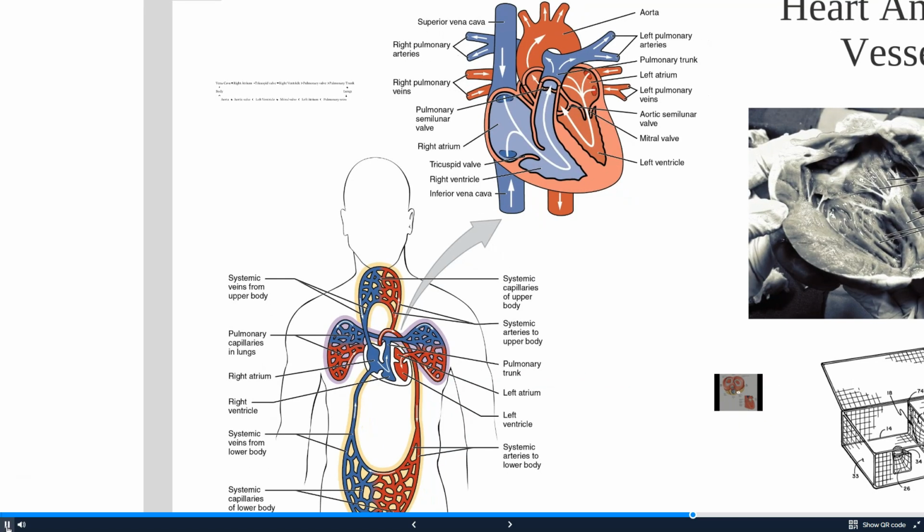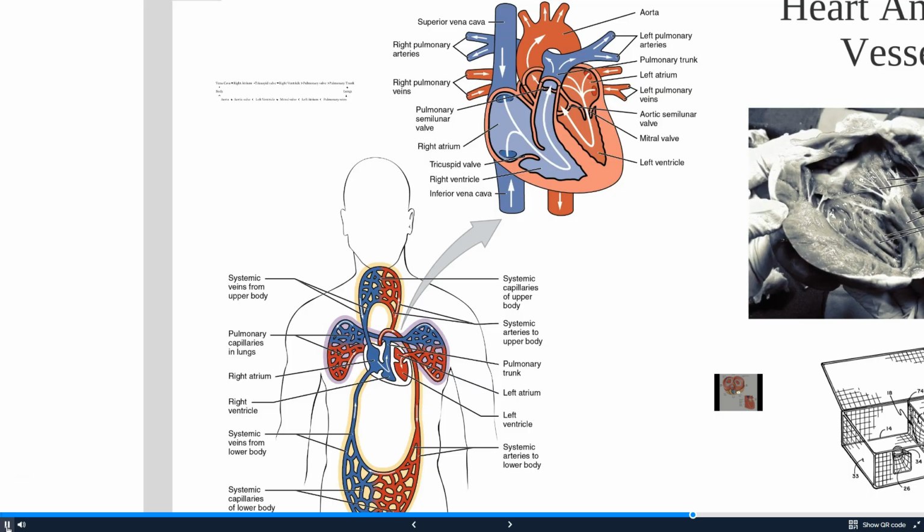Here we see that represented in the heart, colored based on the type of blood that's moving through it. Blue represents deoxygenated blood that's been used and is being pumped from the body back to the lungs, and red represents oxygenated blood that's coming from the lungs and headed back out to the body.